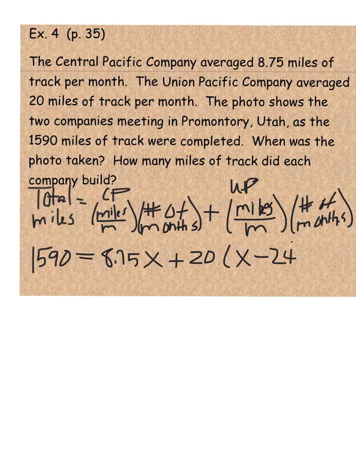Now, the 24 comes from the photo. When you look at the picture, it says that the Union Pacific Company started 24 months after the Central Pacific Company started. So we're going to take the number of months that the Central Pacific had and subtract the 24 months later that the Union Pacific started.